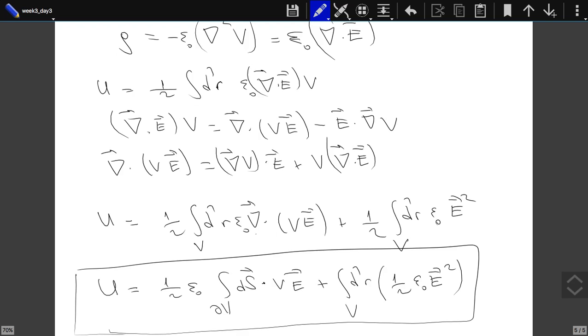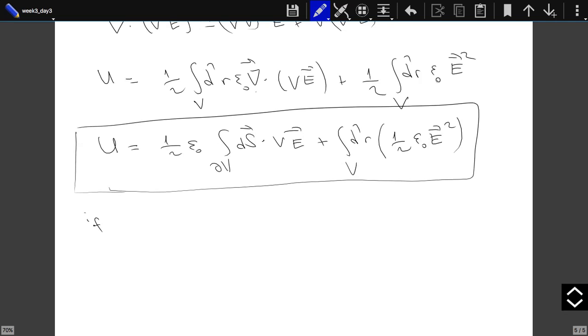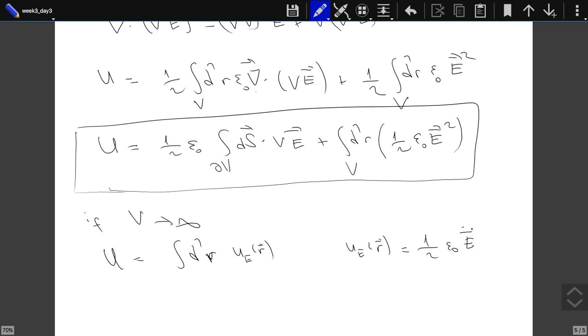So the surface integral will not contribute, and I am left with this term only. We take all of the universe, so the potential energy in the system is just the volume integral of, let's say, d cubed r UE at the position r, where UE of r is equal to 1 over 2 epsilon 0, the electric field at the point r squared.